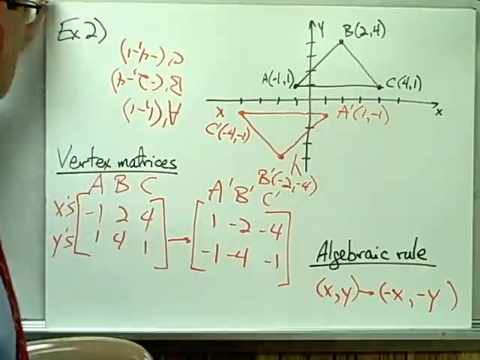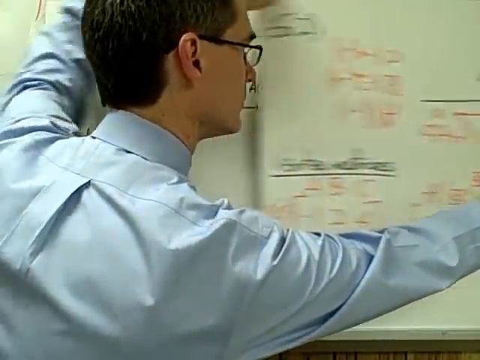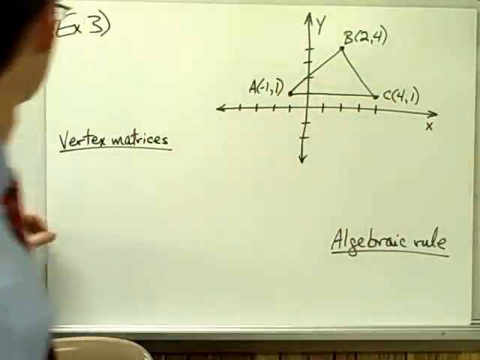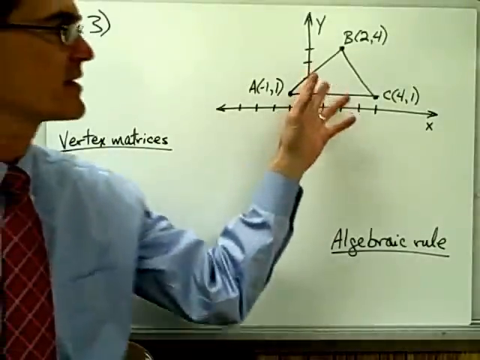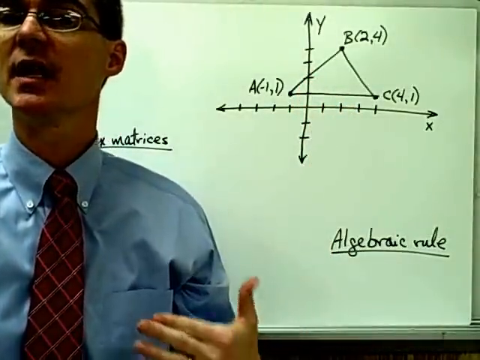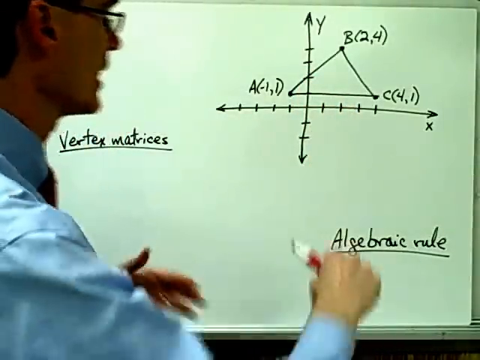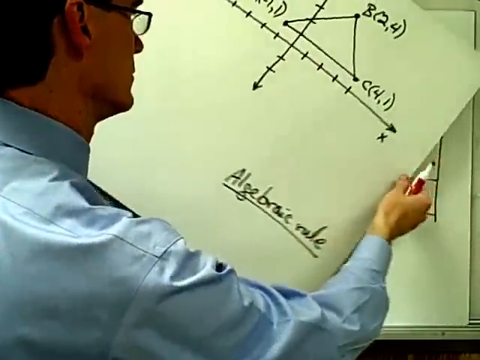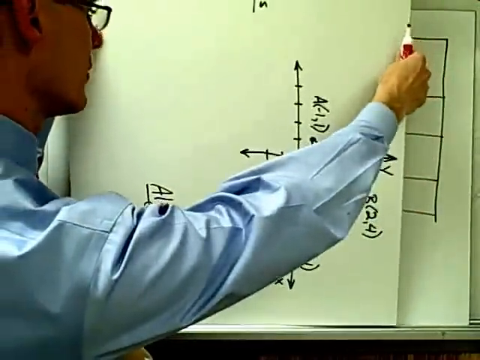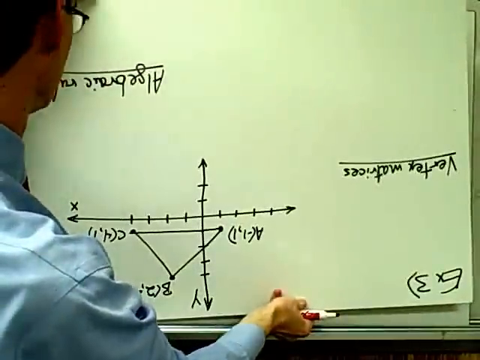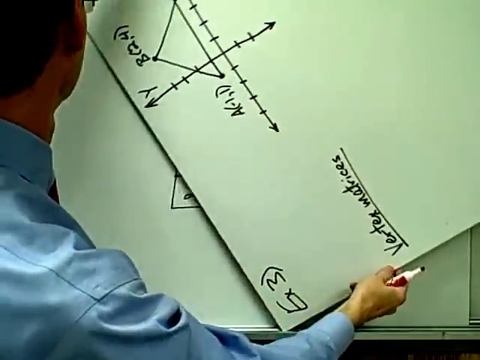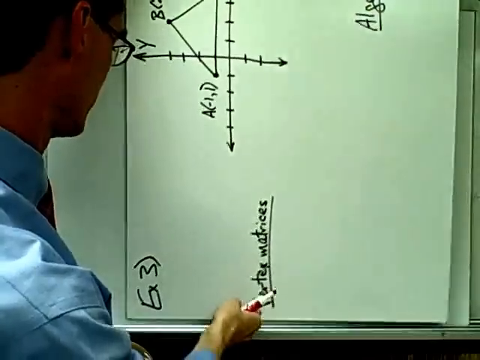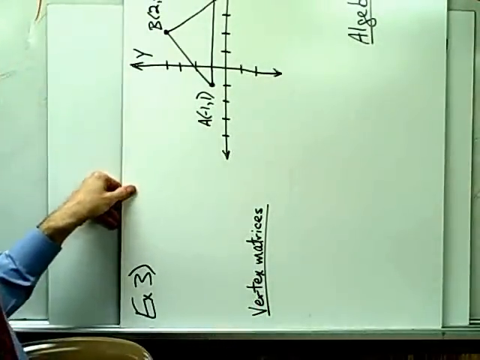All right, let's try one more. Example number 3, I want to take this same figure, and this time I want to rotate it 270 degrees clockwise. So let's go ahead and take this. Let's go 90 degrees, 180 degrees, and 270 degrees.